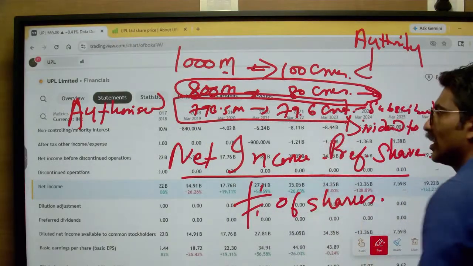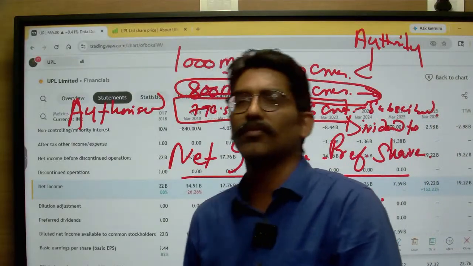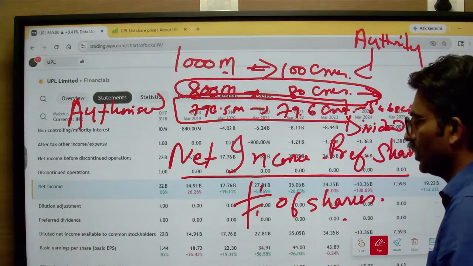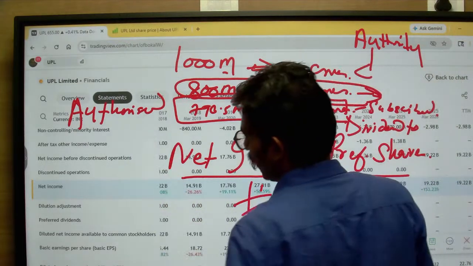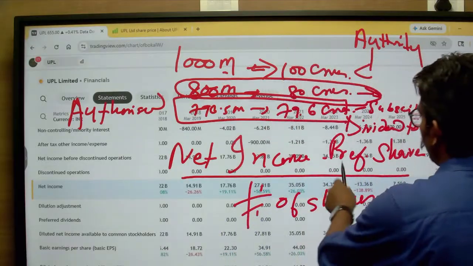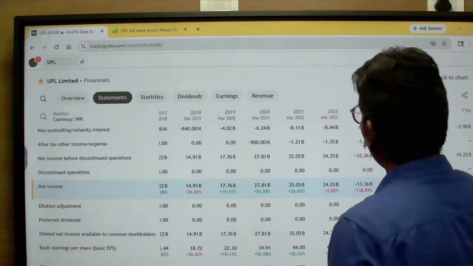So the balance, what has happened to the balance? Maybe you have not collected the amount and maybe you have forfeited that. Understood? So this number of shares that you see here, what is that number of shares? When you come here to the statement, it says these are the shares which have been issued. Here, check it out one more time.